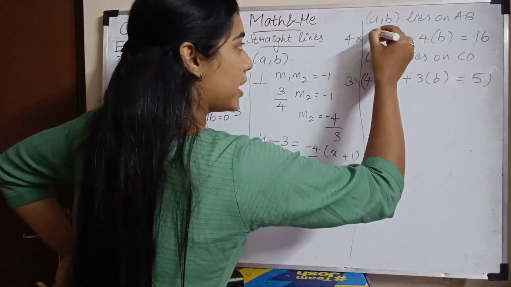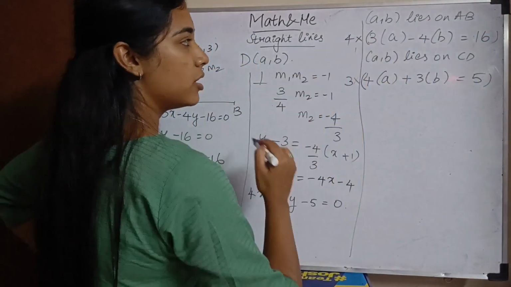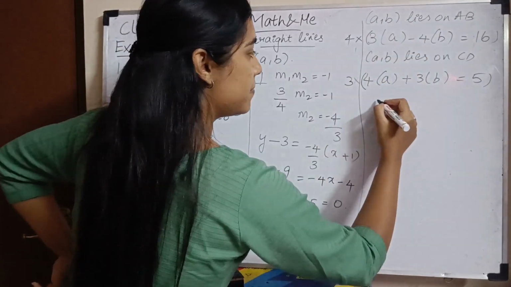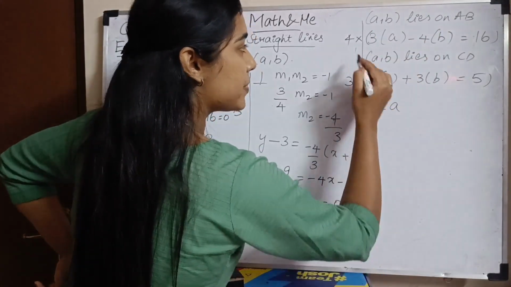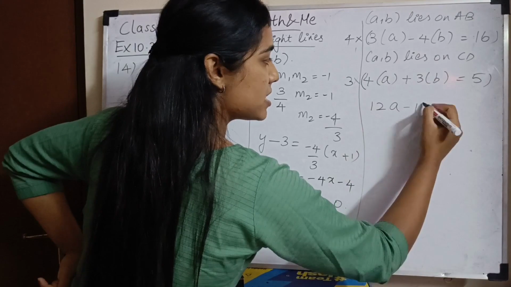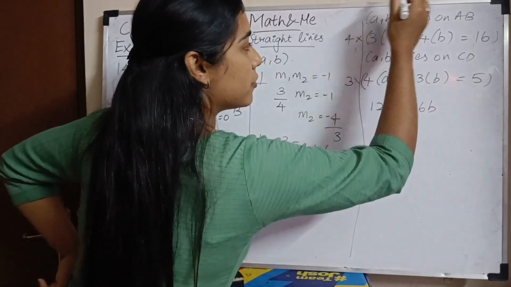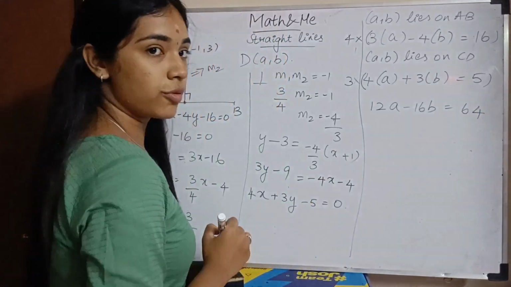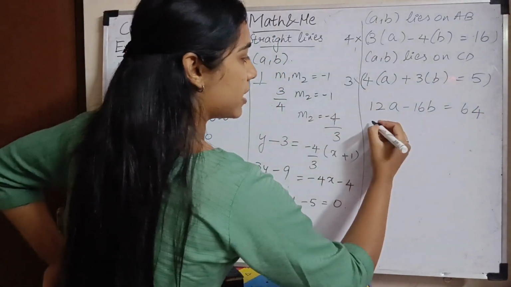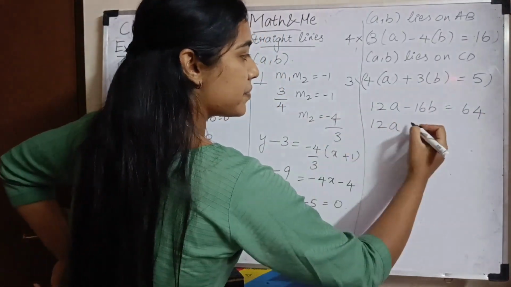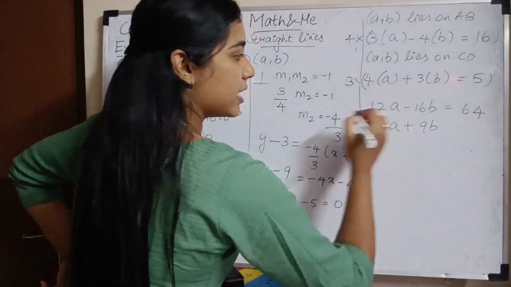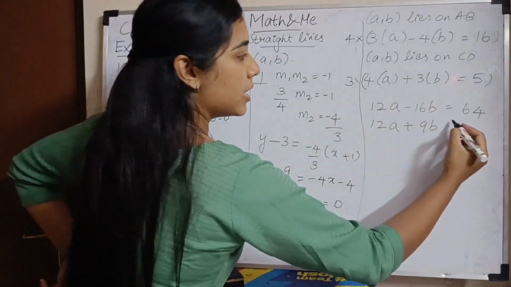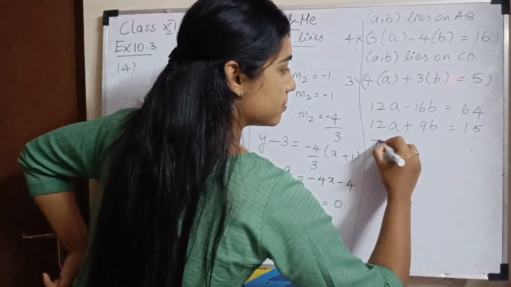This has to be multiplied to the whole equation. Okay? Don't forget. So first equation is 12A, minus 16B, equals 4 times 16, 64. Second equation becomes 12A plus 9B equals 15.